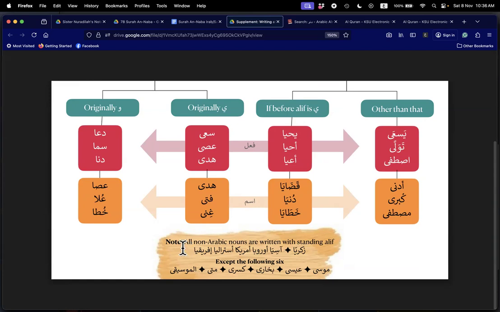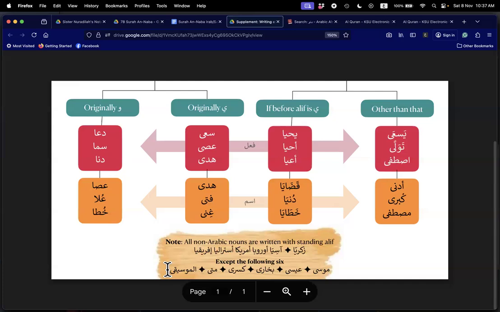Except for the following six: Musa, Isa, Bukhara, Kisra, Mata, this is a name, not mata as in when, and Al-Musiqa. Always with alif maksura here. Yahya is different. It's not really an exception, because Yahya is an Arabic name basically.